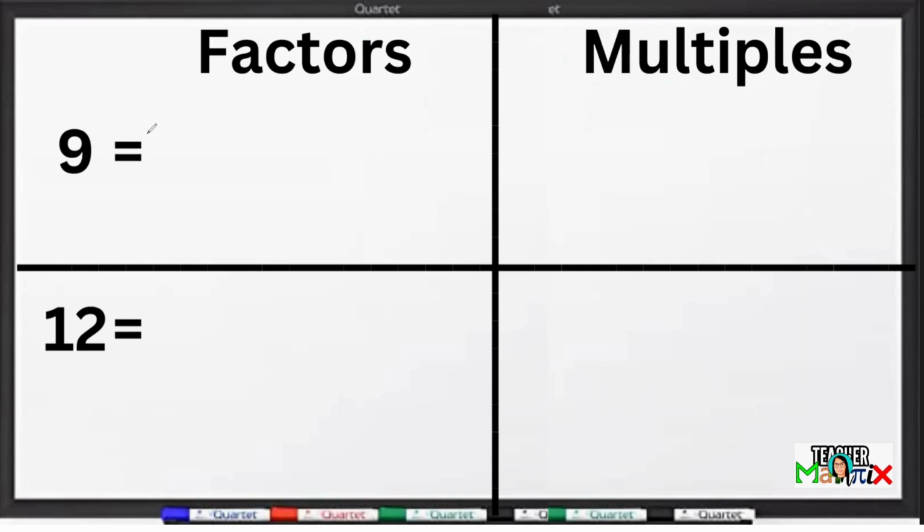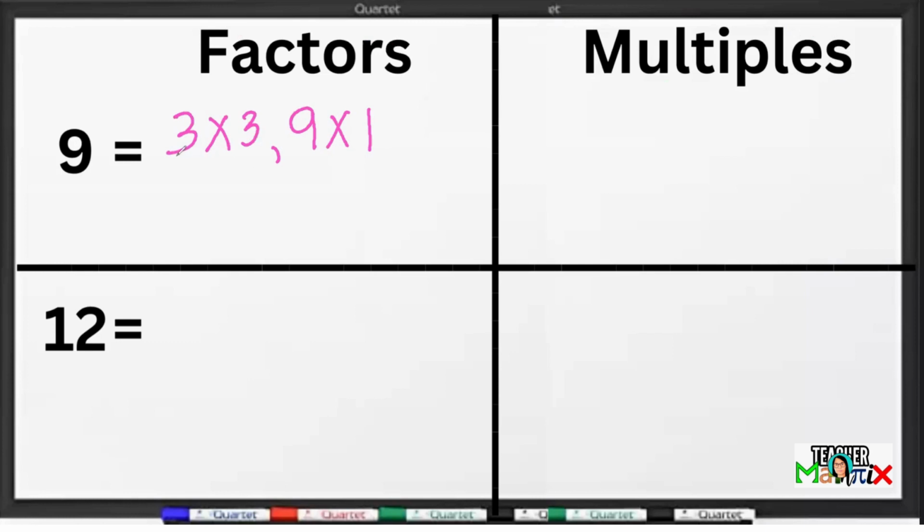Ibig sabihin ng factors, ano yung mga number na kung ipag-multiply natin, ang sagot ay 9. So, very simple, no? Like 3 times 3, 9 times 1, wala na.